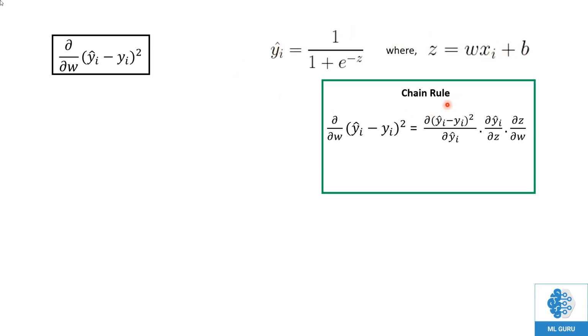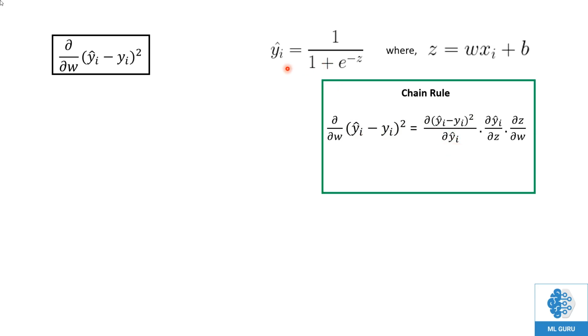Now we will apply the chain rule to first break this derivative into small parts which can be easily calculated, then calculate each of these terms separately and multiply them. So let's see how we break this derivative into a chain. The first term in this chain is the partial derivative of this thing with respect to yi hat. As I have told you, it depends on yi hat, so it will be easy to calculate.